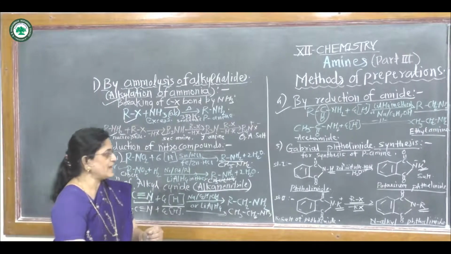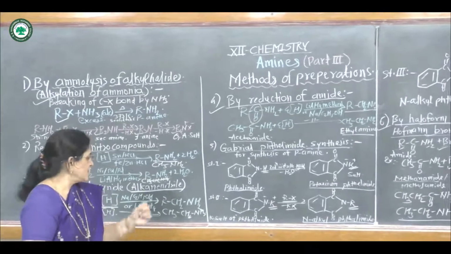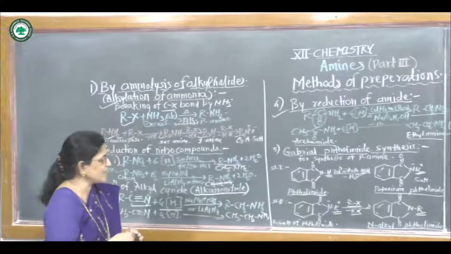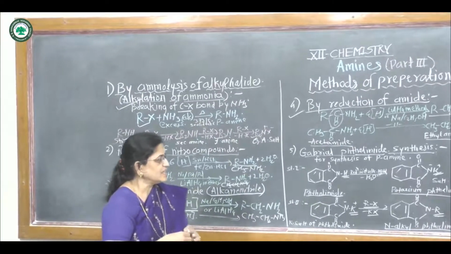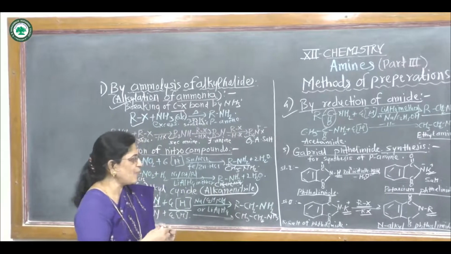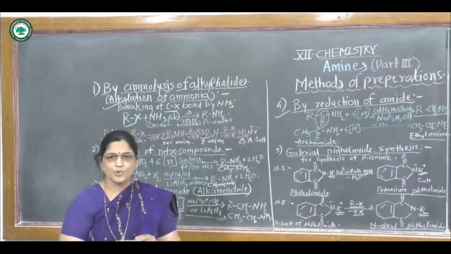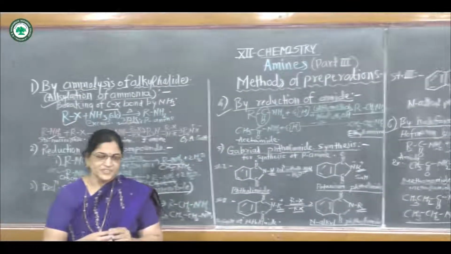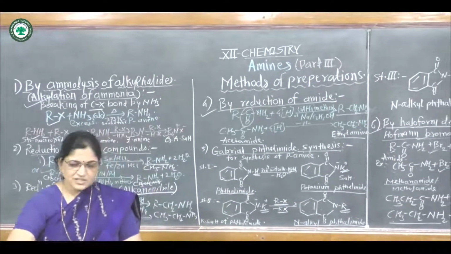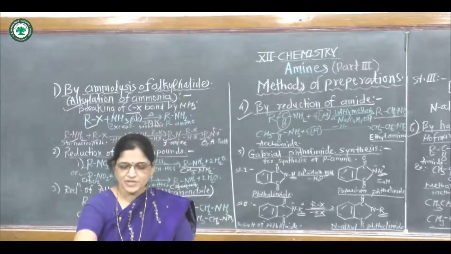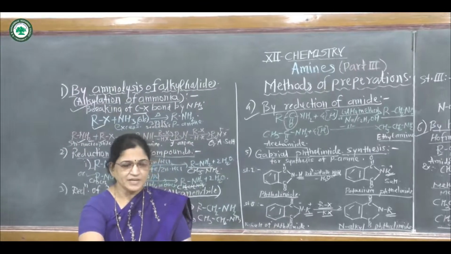Fourth, by reduction of amide. Fifth, Gabriel phthalimide synthesis. Sixth, by Hofmann degradation, also called Hofmann bromamide degradation. These are the 6 methods for preparation of primary amine.